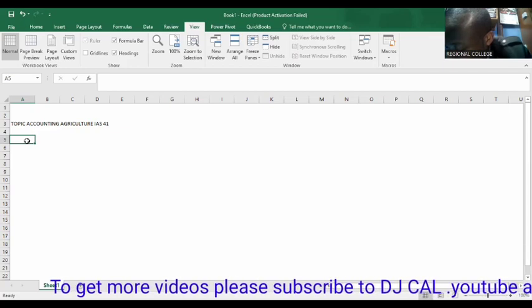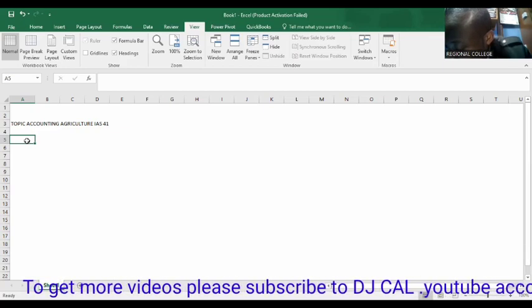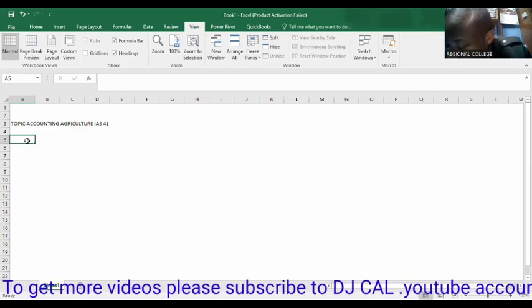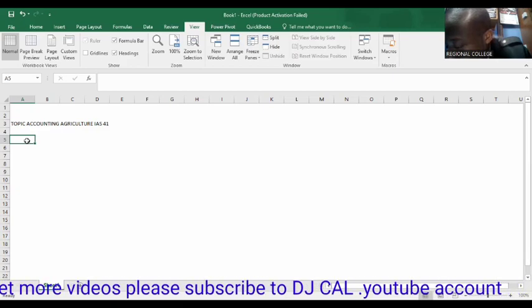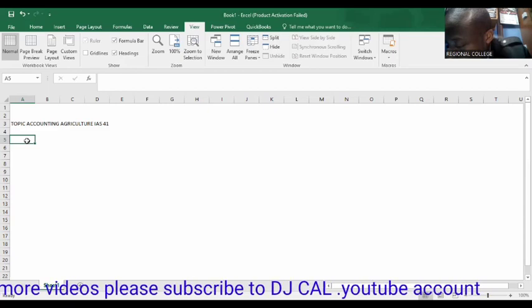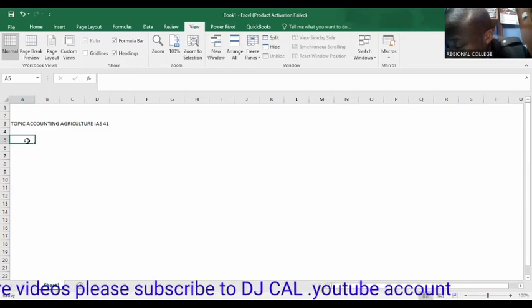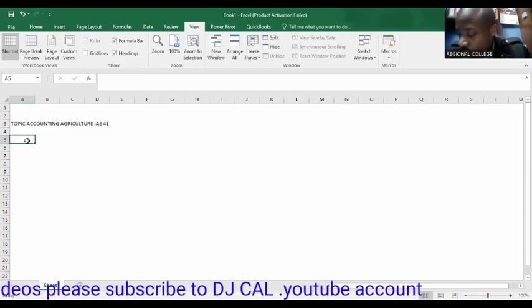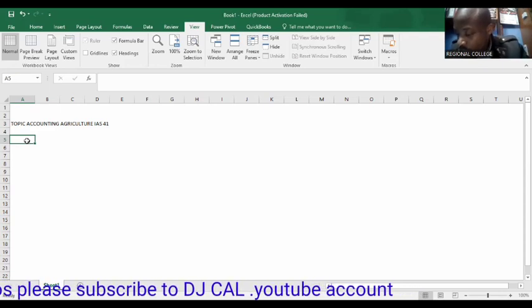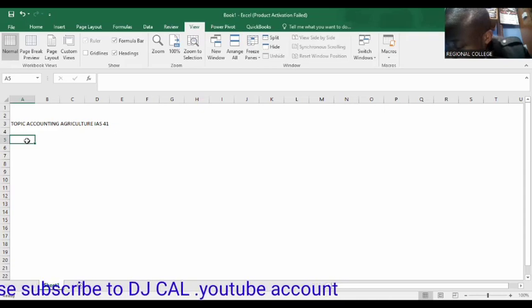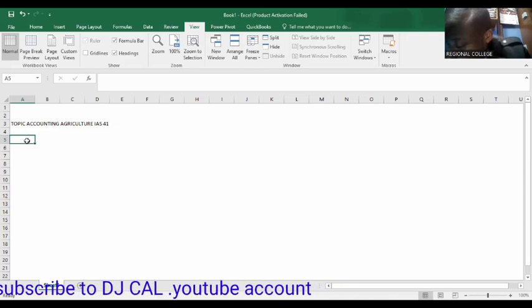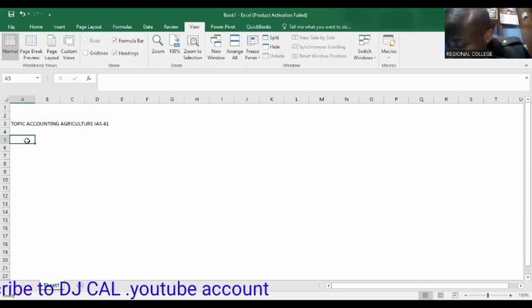If you read the question, it says the following trial balance was extracted from the books of David Wekesa, a farmer, as at 31st October 2019. Then the opening inventory on that day: we have the dairy cattle, maize growing, dairy cattle feeds, fertilizers, land and buildings, tractors net book value, other cattle, bulls, carts net book value.